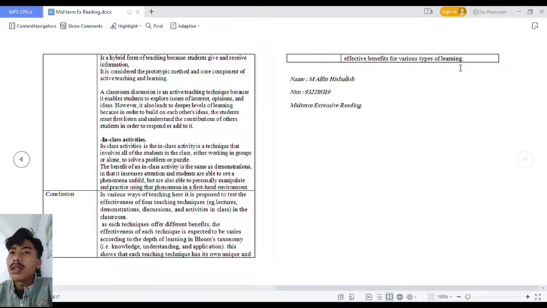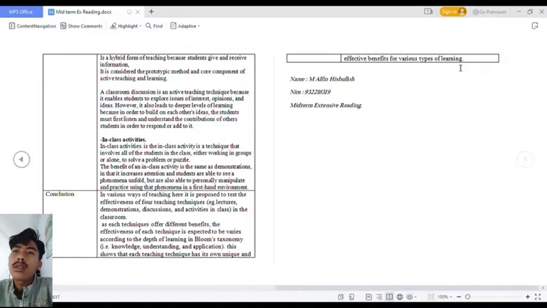And then discussion is a hybrid form of teaching because students give and receive information. It is considered a prototypical method and a core component of active teaching and learning.